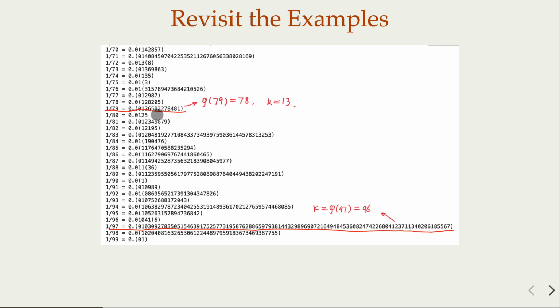And the k here is indeed a factor of 78 because k equals 13. 13 is a factor of 78. In this case, 1 over 97, k is actually equal to phi, so equal to 96. It's a really long one, right? So it really depends. Now there's no rule to tell if it takes directly phi of n or some factor of phi of n. Okay, so there's no good way of telling that.